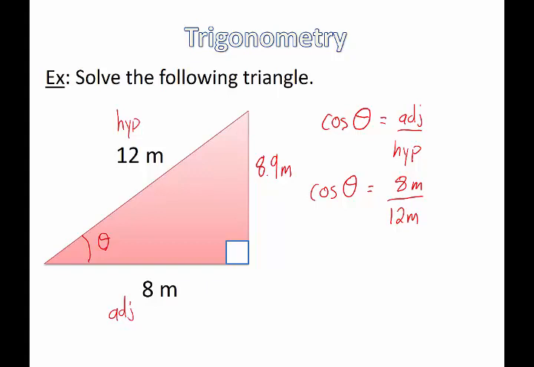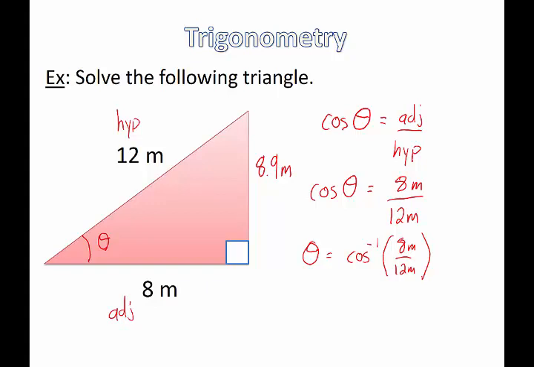We want to find the angle, and if you remember from previous math courses, to find the angle we have to use what's called the inverse cosine, cos to the -1 of this number. You'll have to check how to type that into your own calculator. Sometimes you have to put the value in first and then cos to the -1.